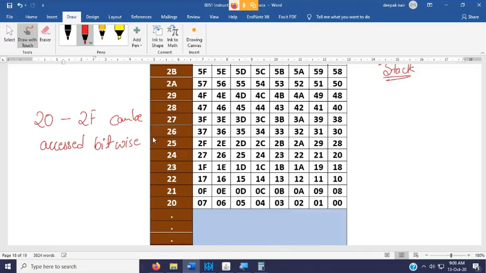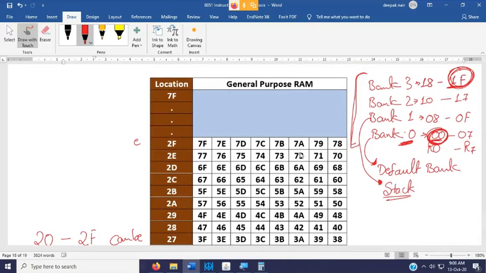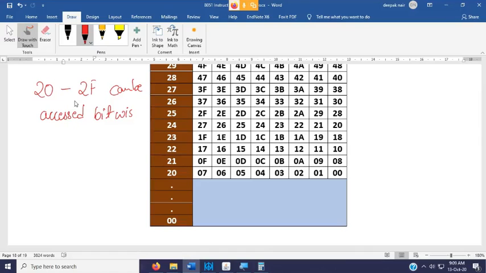That means you can access a single bit of this particular address, though they are all 8 bits. If you take 2F, it is 8 bit, but still you can individually use a particular bit of this location of the RAM. So this is called bit addressable RAM, which is 20 to 2F.